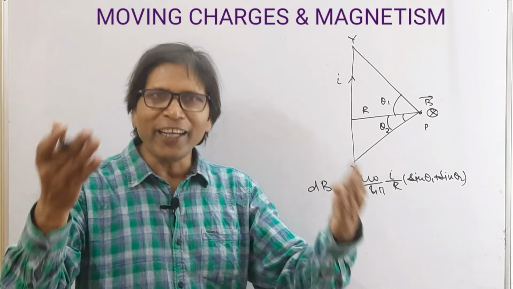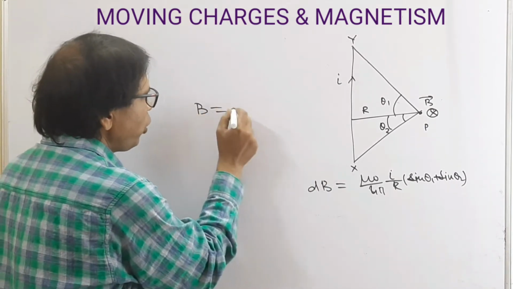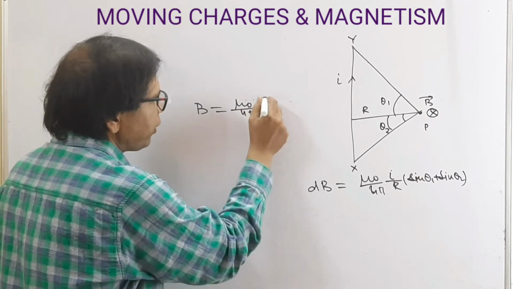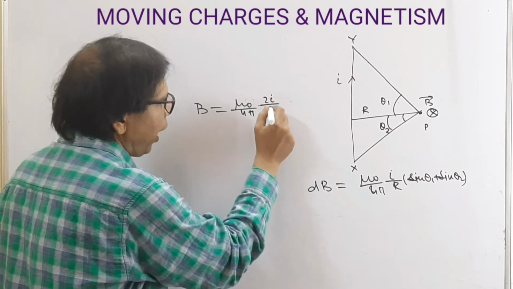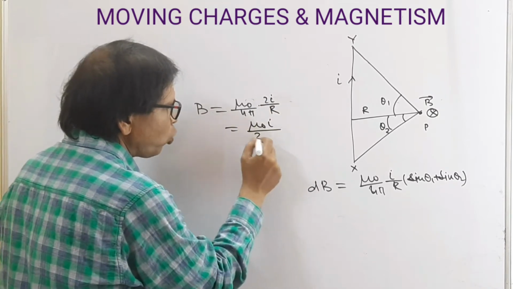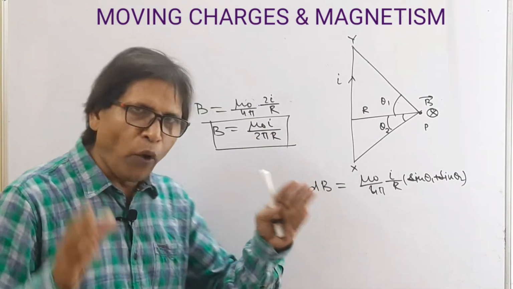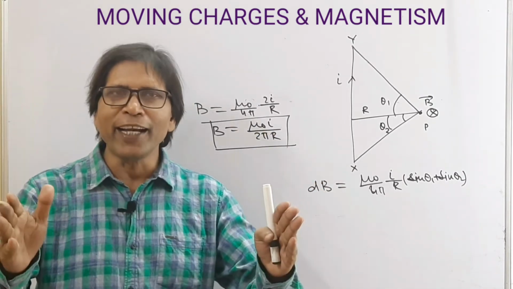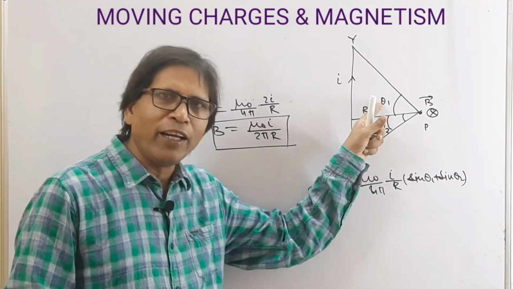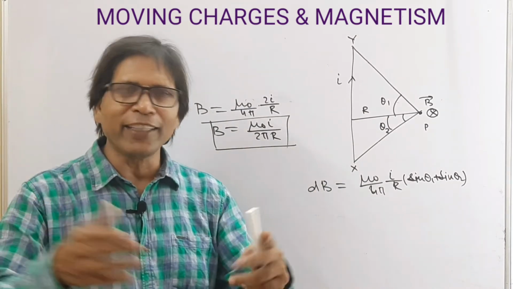So for an infinitely long straight conductor, the magnetic field B equals mu naught by 4 pi into 2I by R. So this is mu naught I divided by 2 pi R. Now the magnetic field at one end of an infinitely long straight conductor: in this case either theta 1 or theta 2 equals 0 and the other angle is 90 degrees.